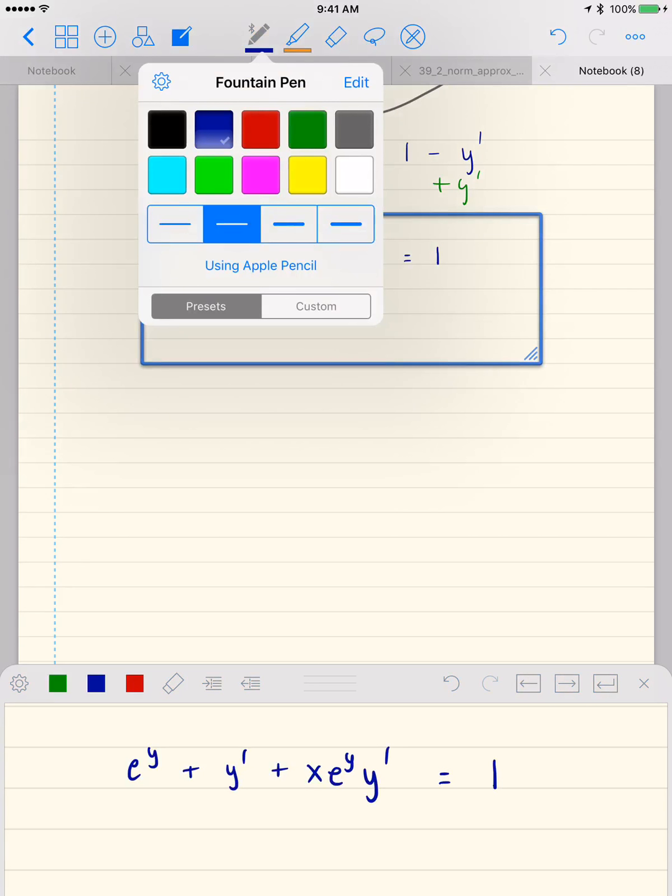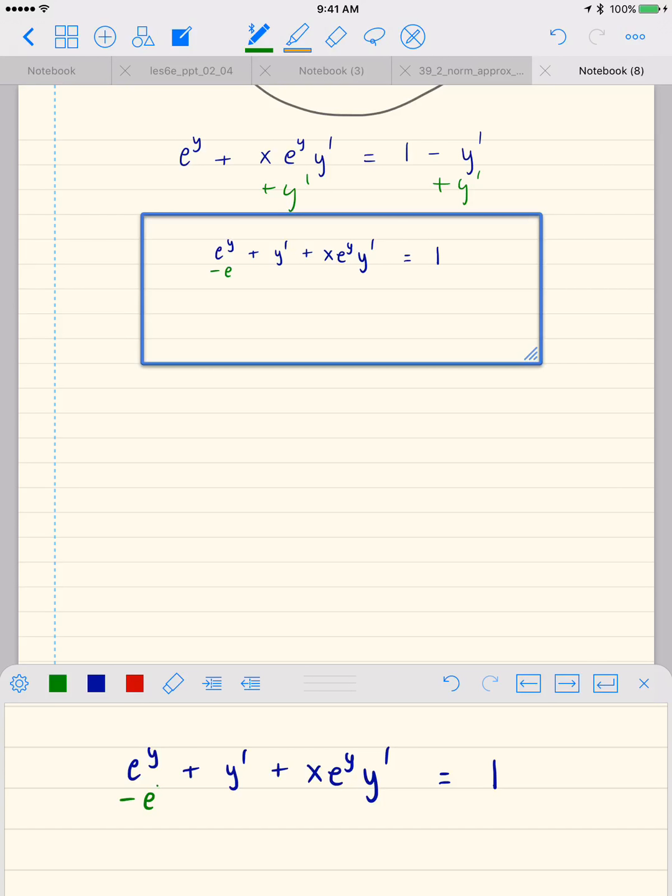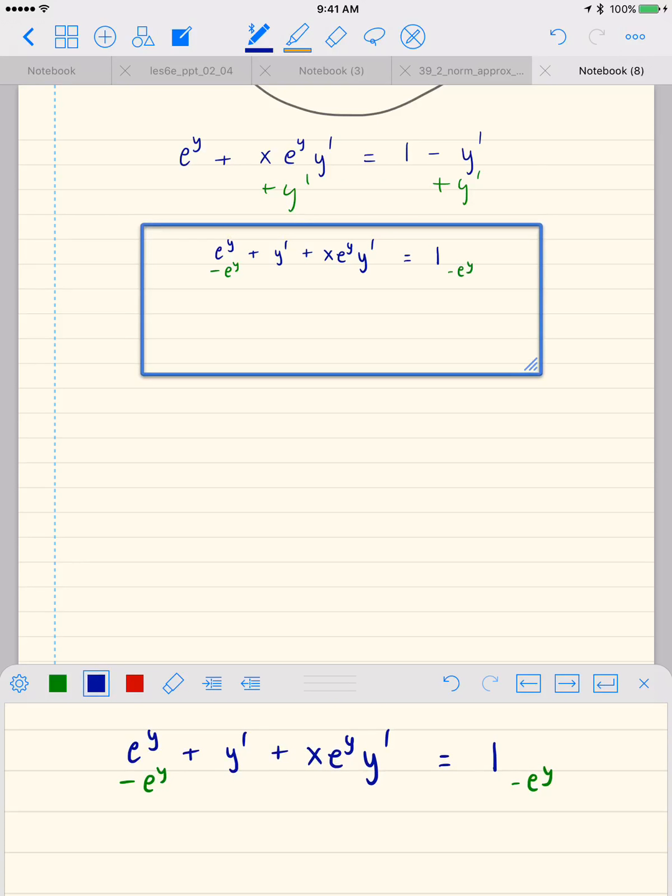And now I'm going to subtract e to the y from both sides because I'm trying to solve for y prime. So that's going to cancel out. So I'll have y prime plus x e to the y, y prime equals 1 minus e to the y.